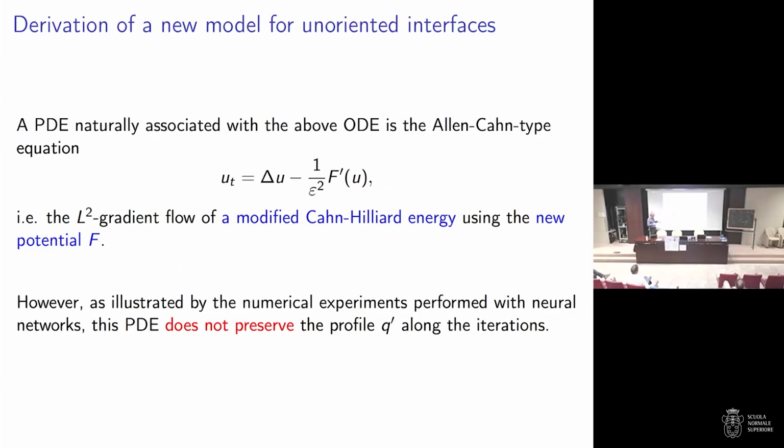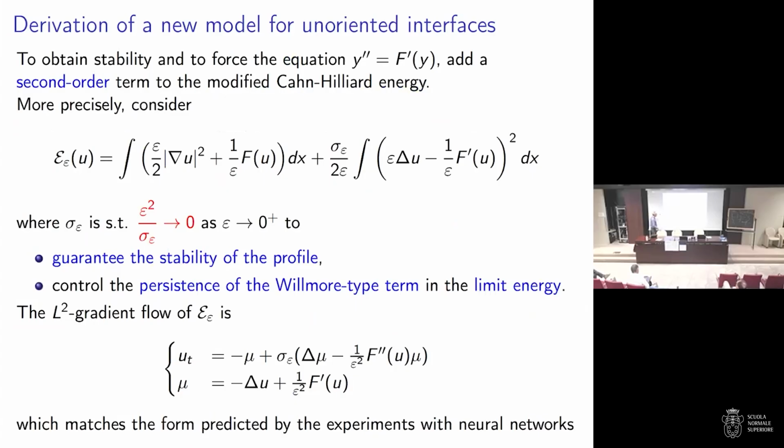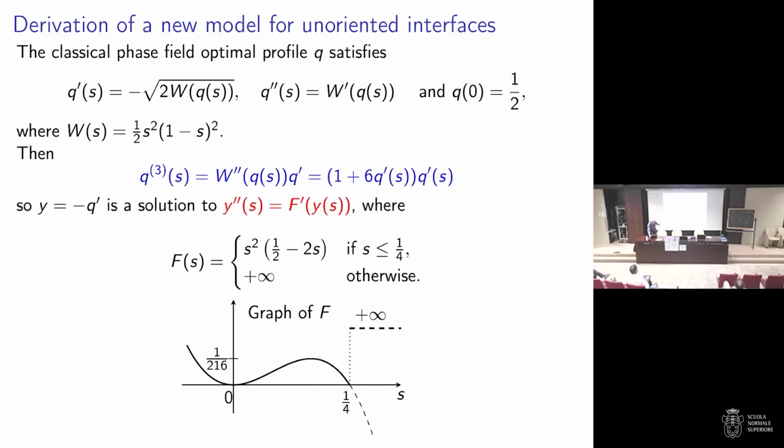The profile is not preserved along the iteration. So you need to force the preservation of the profile. And this is what we propose to do, adding a second order phase field approximation, which is actually a phase field approximation of the Willmore energy, with a parameter sigma epsilon divided by 2 epsilon that guarantees the stability of the profile.